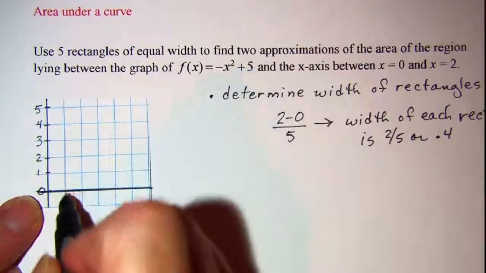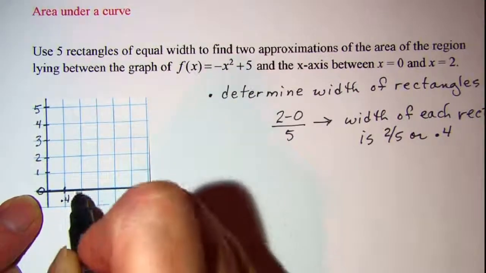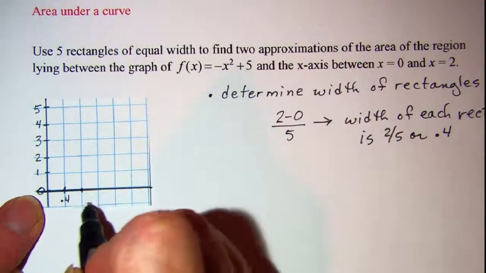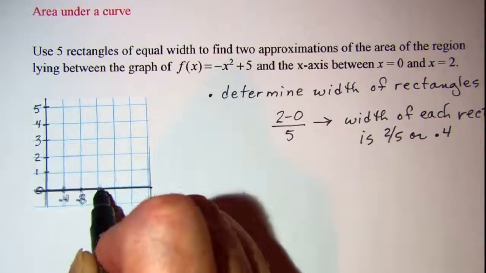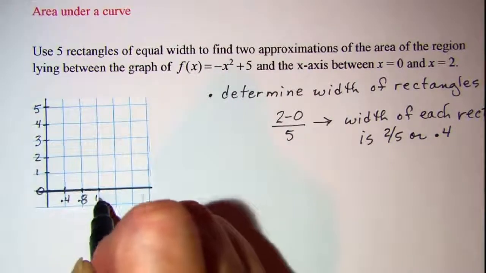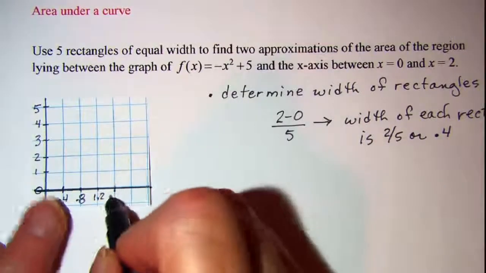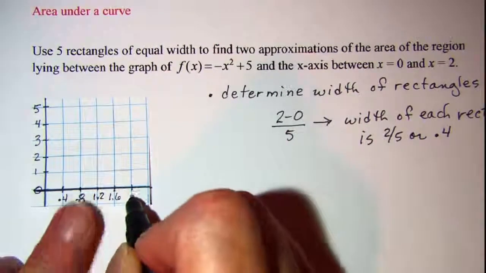My first mark I'm going to show as 0.4. And then the next one is 0.4 more, which would be 0.8. The next one would be 1.2. The next one would be 1.6. And then the next one would be 2.